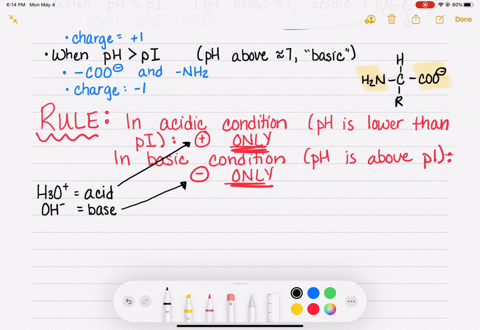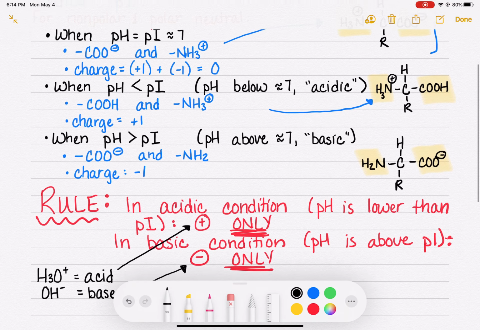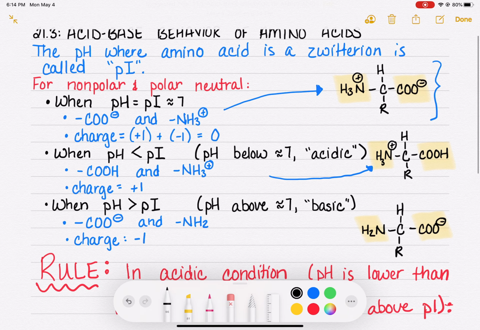And so, in general, maybe it wasn't shoved into your brain in 121, but positive charges are associated with acids and negative charges are associated with bases. And so when we get into a situation where the amino acid is in an acidic environment, the negative charge on the Zwitter ion form is no longer allowed to exist.